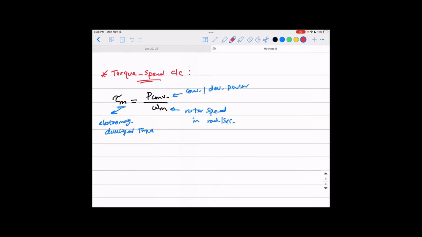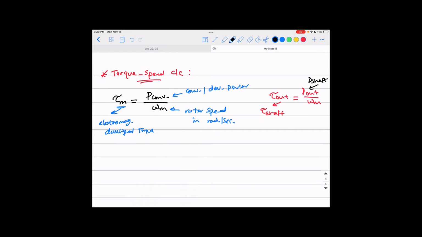Okay, by the way, do not confuse this with the output torque, because that's different. That is the electromagnetic developed torque, which is converted inside the machine. But the output torque, or sometimes we call it the shaft torque, they are all the same, equals the output power divided by omega m. This output power, sometimes we call it the shaft power, P shaft, they are the same thing.